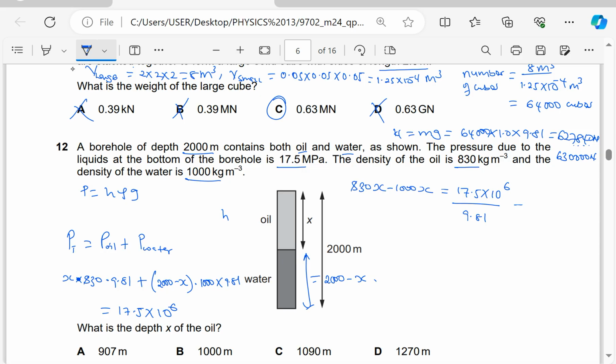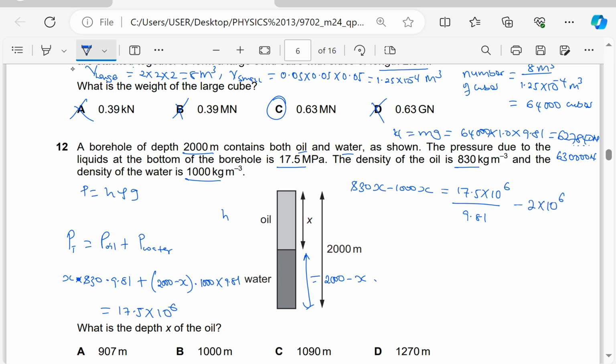So I first took 9.81 to the right hand side by dividing both sides. Then I open the bracket where I have minus 1000x, and I have 2000 times 1000. When it crosses to the right hand side, it becomes minus 2 times 10 to the power of 6.